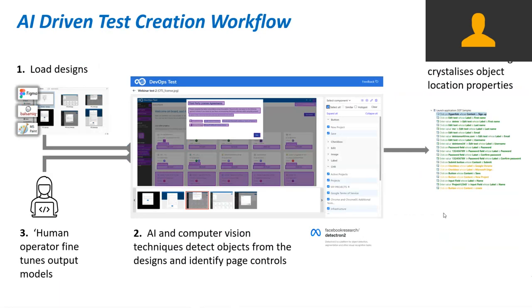And so at the point of execution, we'll employ our old favorite friend in RFT, in DevOps Test UI, guided healing, which will then take those design-driven test models and crystallize the object location properties to effectively, as it says, crystallize your test, make it such that your test is now testing based on the actual object parameters. So it's a mapping from one to the other. And again, that's as automated or semi-automated as you choose it to be. And I'll show you that in the demonstration.